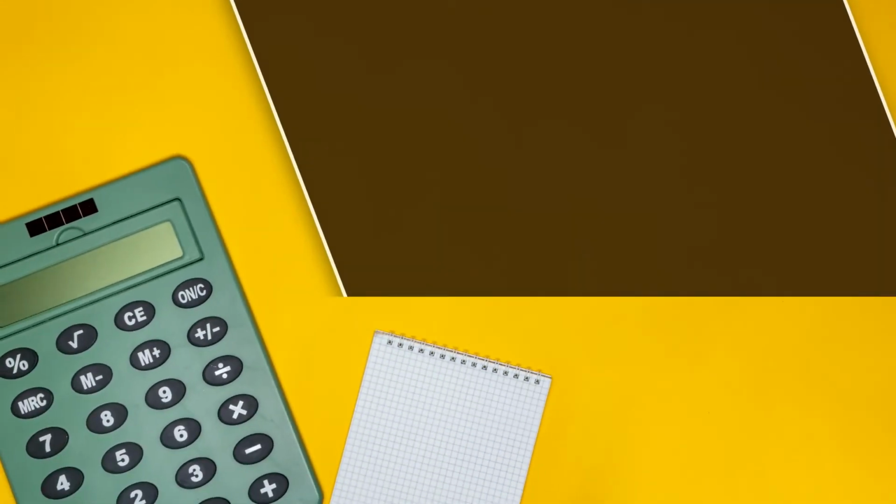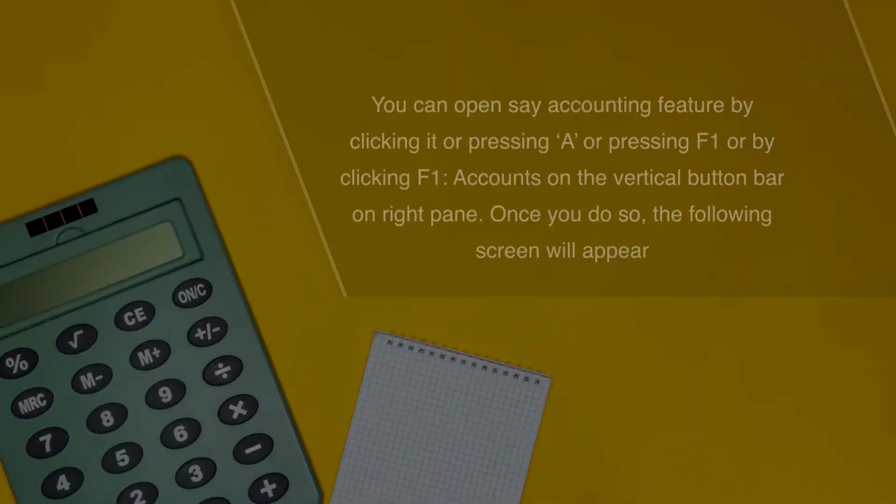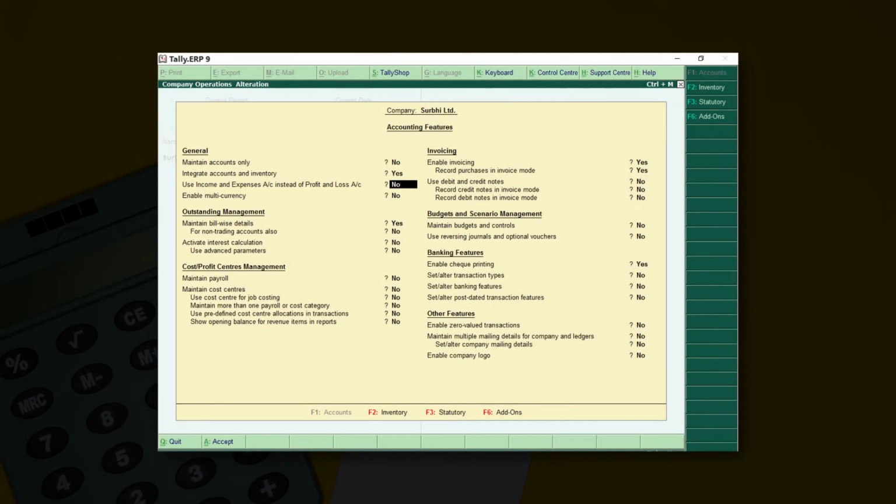Now let's talk about the accounting features. You can open the accounting features, as I have already told you, by clicking it or by pressing A from the keyboard, or by pressing F1, or by clicking F1 accounts on the vertical button bar on the right pane. Once you do so, the following screen will appear. Now you can see that the company name is listed over there. Then there are accounting features.